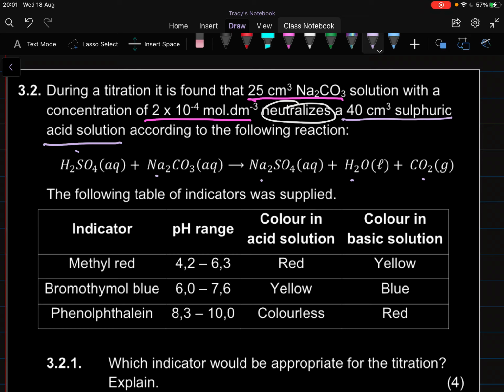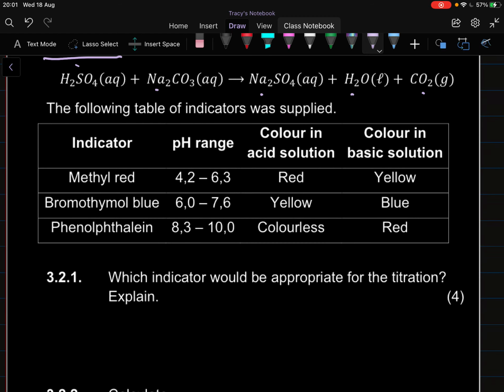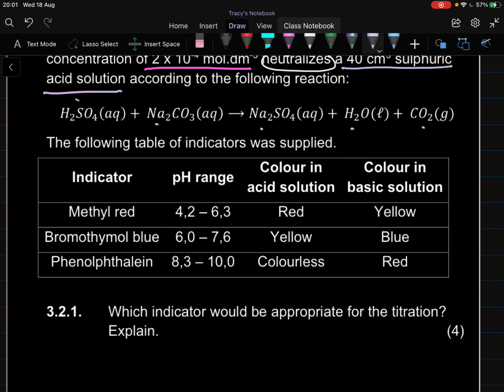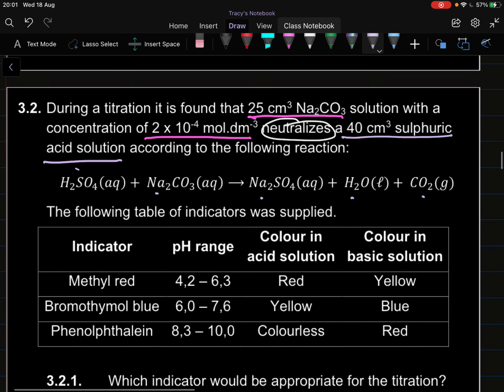Then the following table of indicators was supplied, and we've got methyl red, bromothymol blue, etc. Then they ask you which indicator would be appropriate for the titration and explain your answer. So what have we got? We've got a weak base with a strong acid.